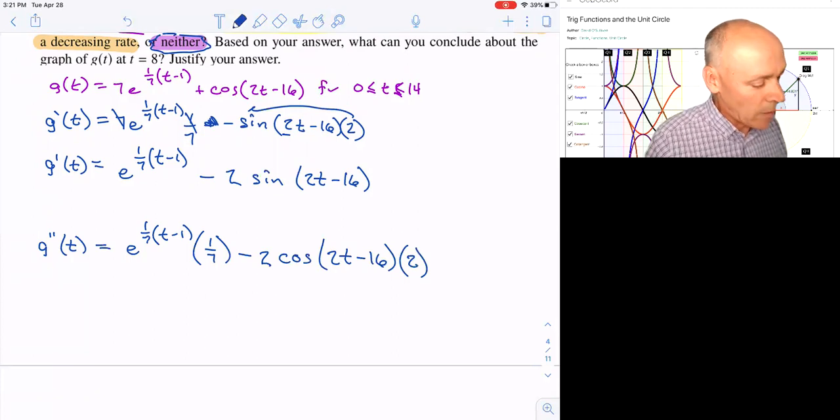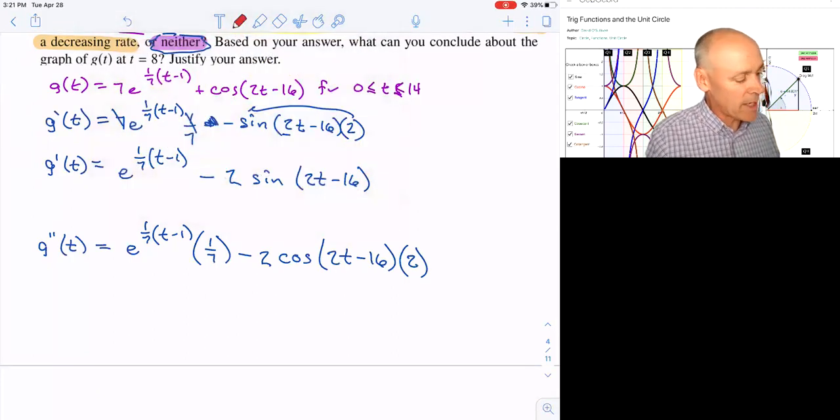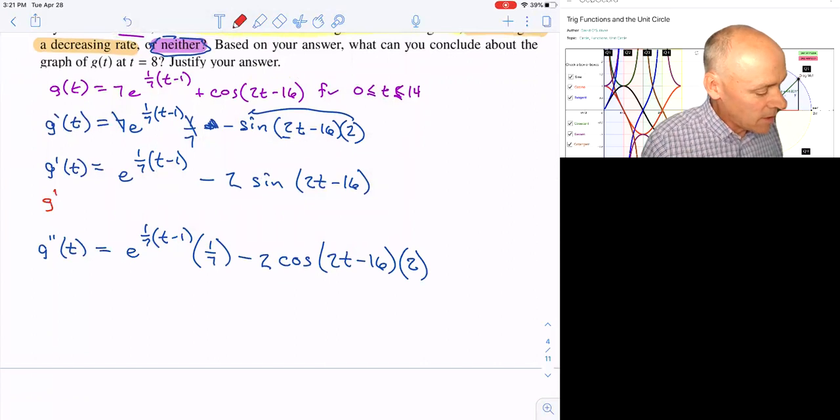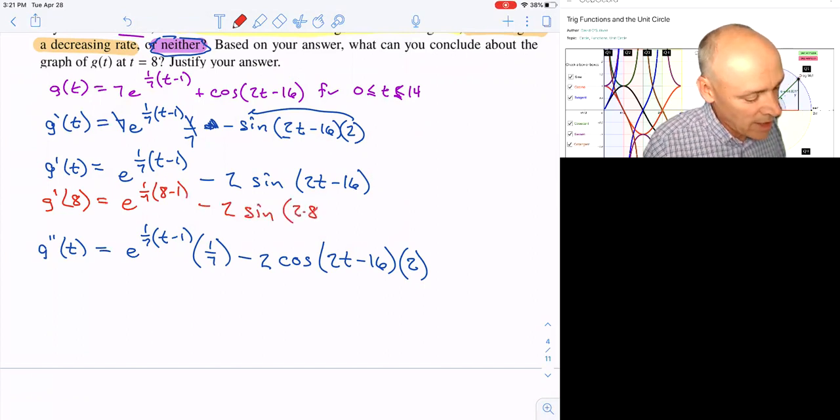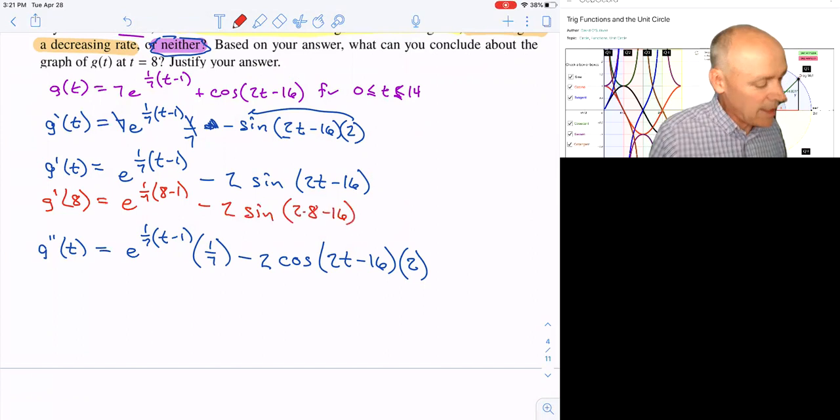Okay, so now what I can do is plug in g prime at 8, which is equal to e to the 1/7 times 8 minus 1, minus 2 sine of 2 times 8 minus 16.